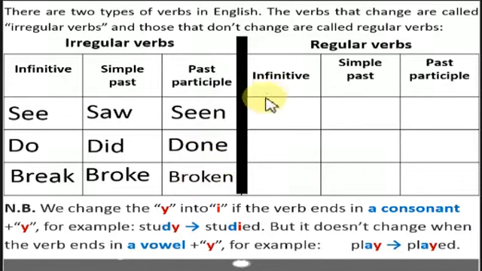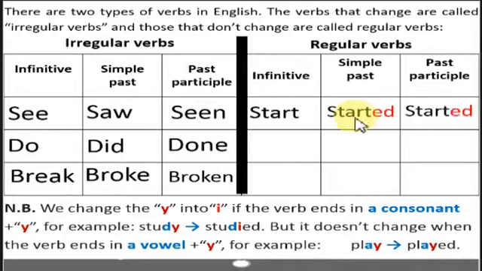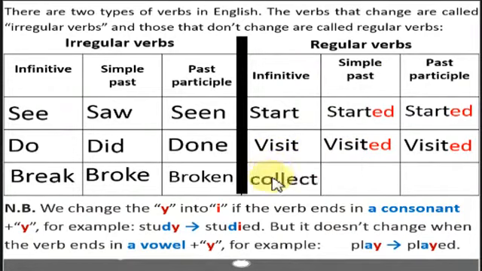So let's go to regular verbs that don't change. For example, we don't change them, we just add ed in simple past and in past participle. So start becomes started in both tenses, in simple past and in past participle. Visit becomes visited, and collect becomes collected and collected.